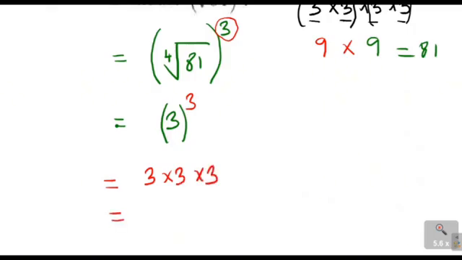So 3 times 3 is 9, and 9 times 3 is 27. So this is our answer. I hope that you are following.